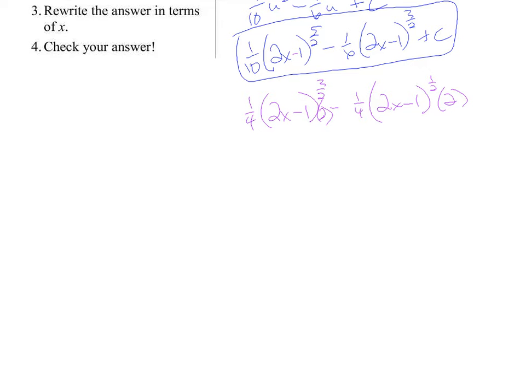Least powers. Factor out the least powers. We factor out a 2 here and a 1/4 here, so it becomes a 1/2 out front. The lowest one is 1/2. So I factor out (2x minus 1) to the 1/2.